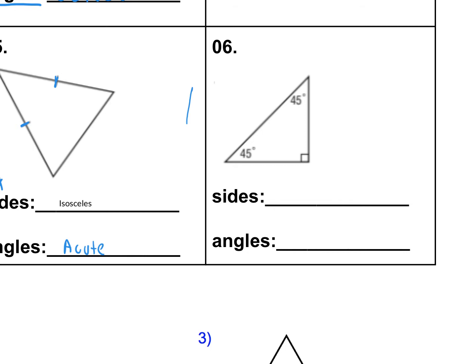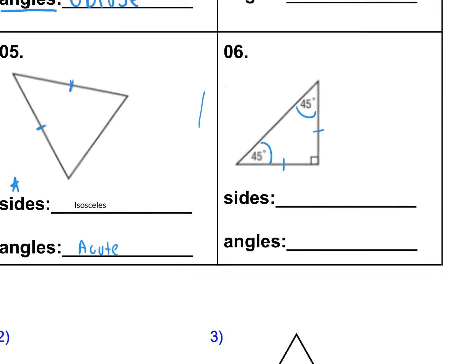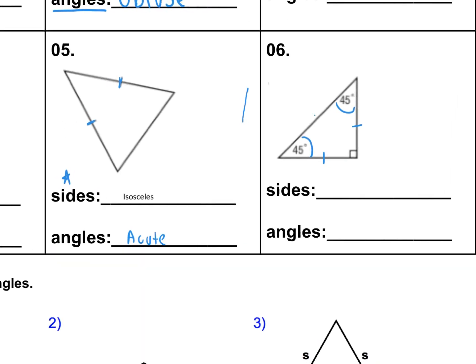Okay, let's take a look at our last one here. Let's take a look at our sides. Now remember, if we have two angles that are the same, then we also know our two sides are congruent. So this as well would be an isosceles triangle.